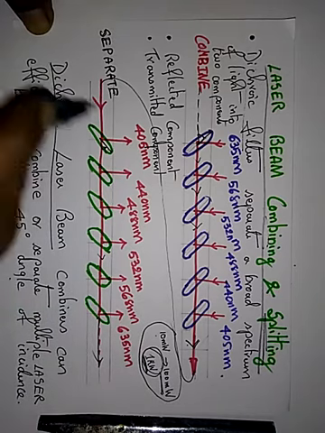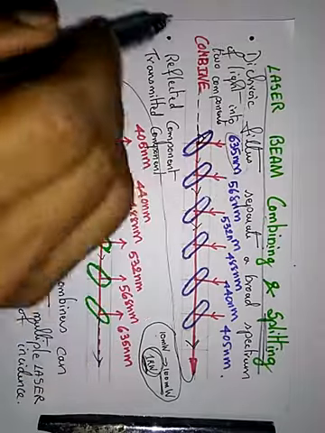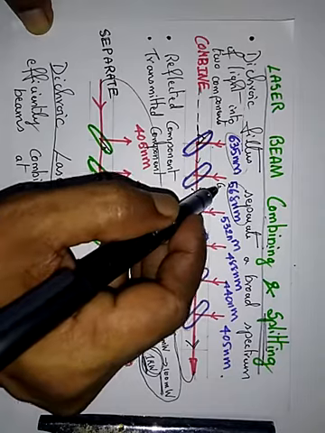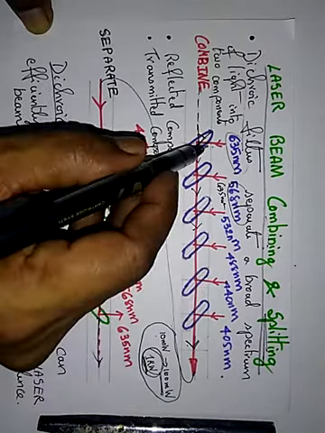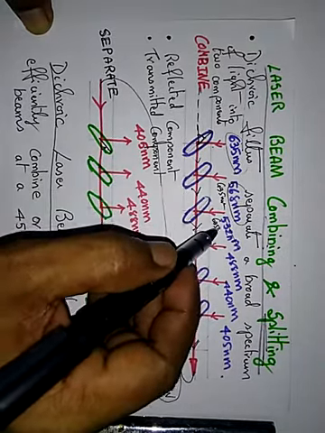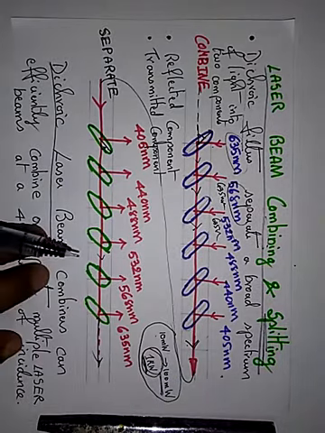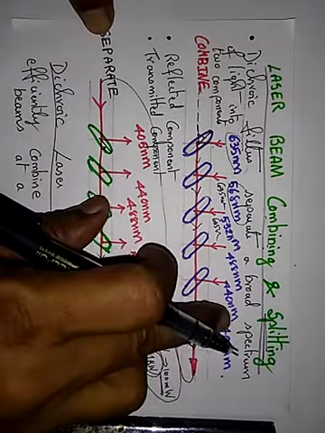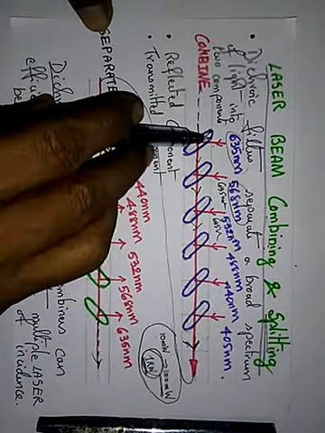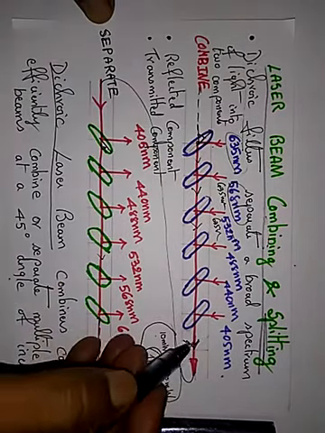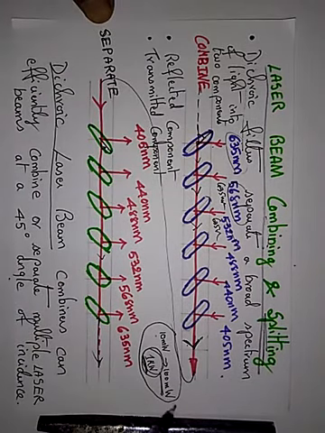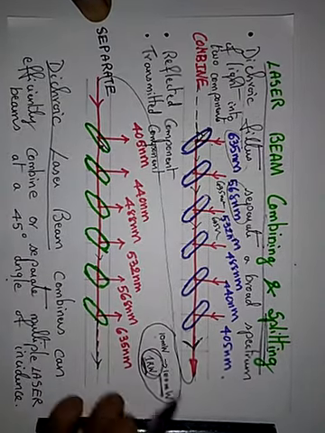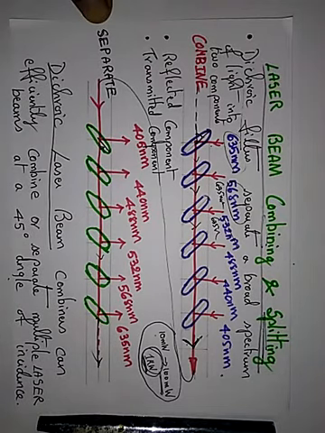What you can do is, for example, give 635 nanometer here, once again 635 nanometer, once again 635 nanometer, and likewise you add 10 sections. So the final output will be all 635 nanometer with the 10 milliwatt individual powers added up at this point, and you will get 100 milliwatt power. Similarly, you can add n number of sections so that the required power can be achieved.